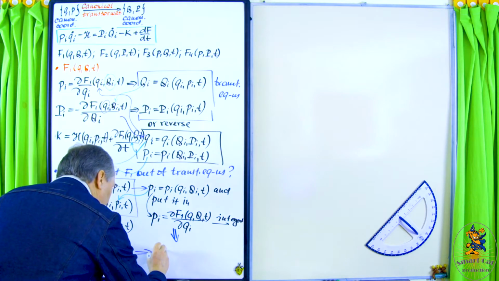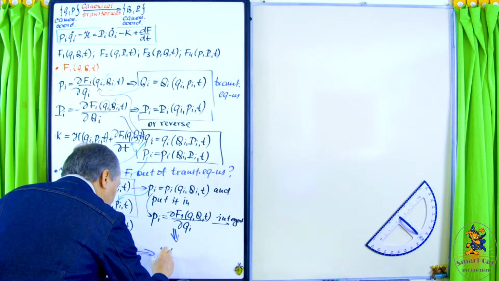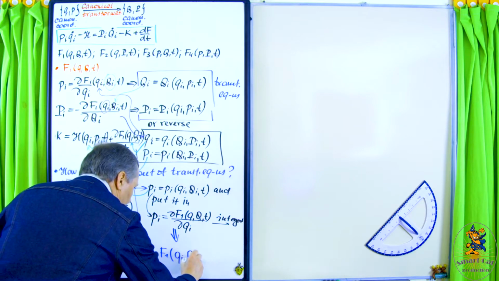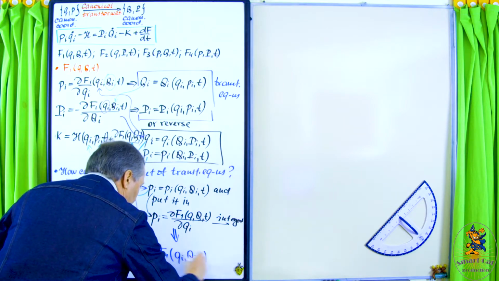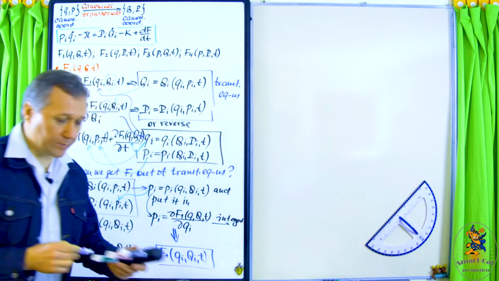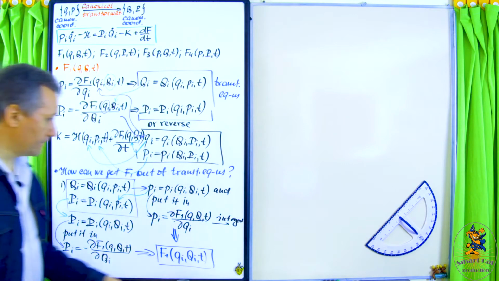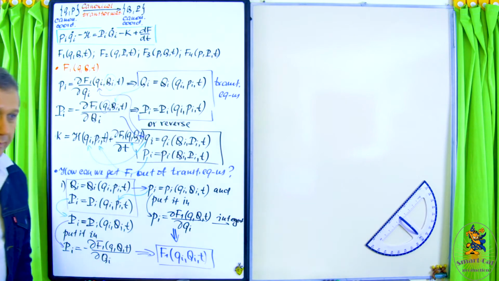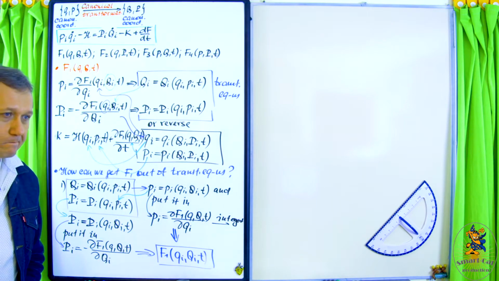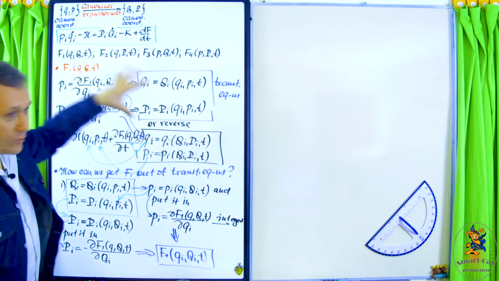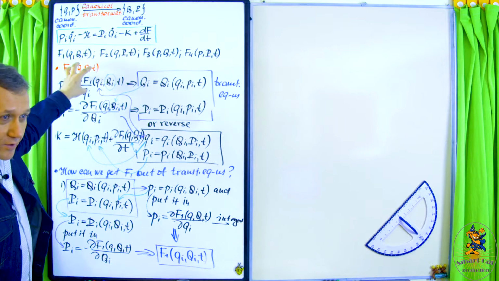So you can get function f1, which is a function of q small, q capital, and t. Again, it's just a procedure. Reasonably straightforward, right? So that's how you can get transformation equations if the generating function is given.